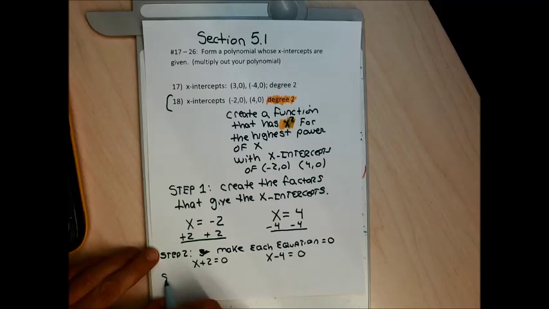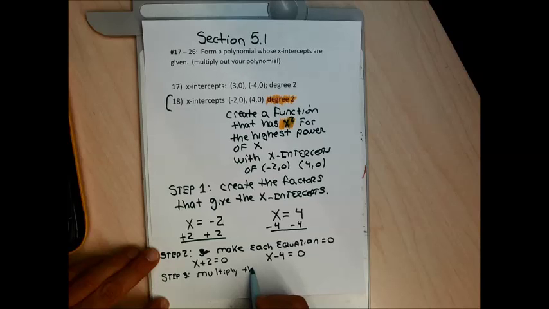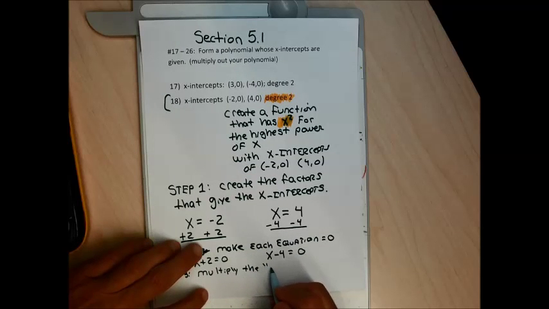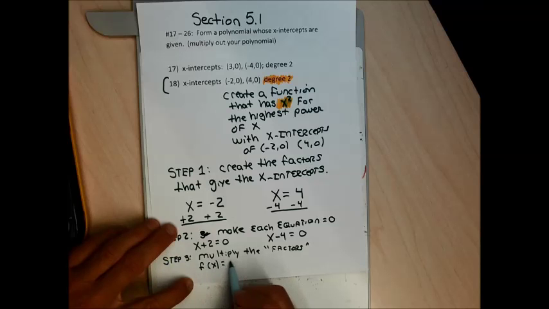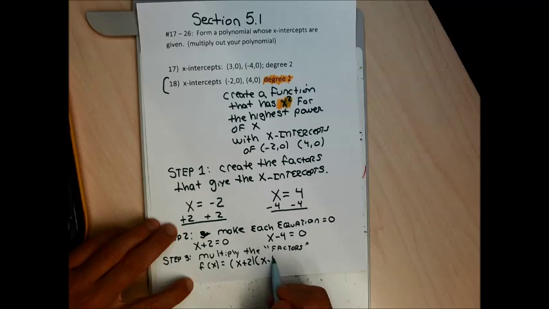Step 3, I'm going to multiply the factors out. I'm going to call them factors because they're going to turn into factors. So my function, I'm going to say, is f of x equals x plus 2 times x minus 4.